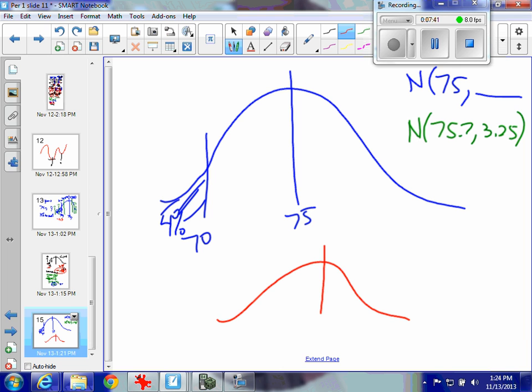My standard deviation is 0. That means every single tomato is exactly 75 grams. There is no deviation. So there are no tomatoes that are less than 70. All the tomatoes would be accepted. By compressing the standard deviation, by making them closer to the mean, I have less to worry about. There are fewer tomatoes that are going to be less than what people will accept.